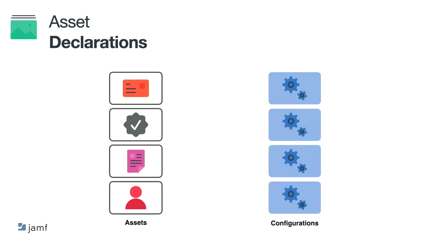Asset declarations allow specific objects and values and items to be used across multiple configurations. So think about the network configuration payload, where if you had a certificate that was required for your network, that needed to be in the same configuration profile. Whereas with declarations, you can actually separate those and you can have a one-to-many relationship.